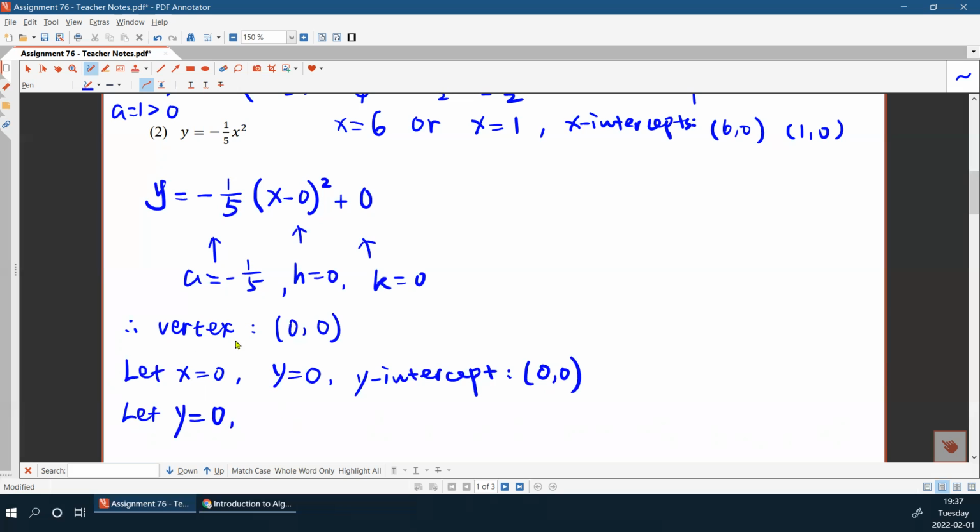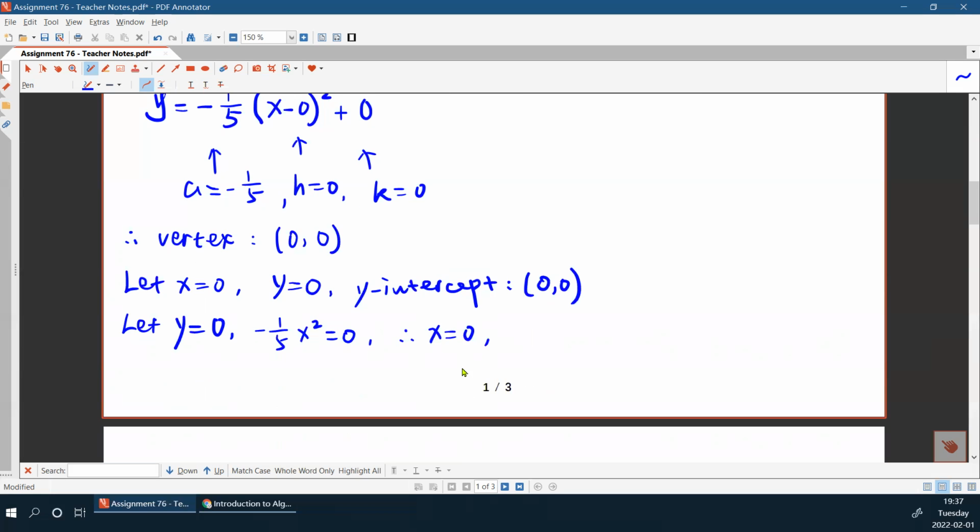And solve to find x. Okay, if y is 0, that means -1/5 of x squared is 0. And therefore, x is 0. Therefore, the x-intercept is also 0, 0. And apparently a is -1/5, which is less than 0. So this function will open down, right? We'll have a trend like this.